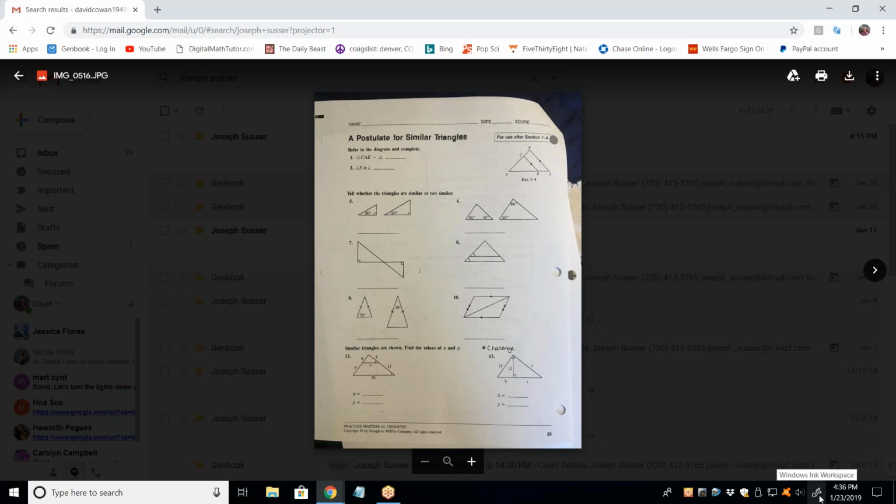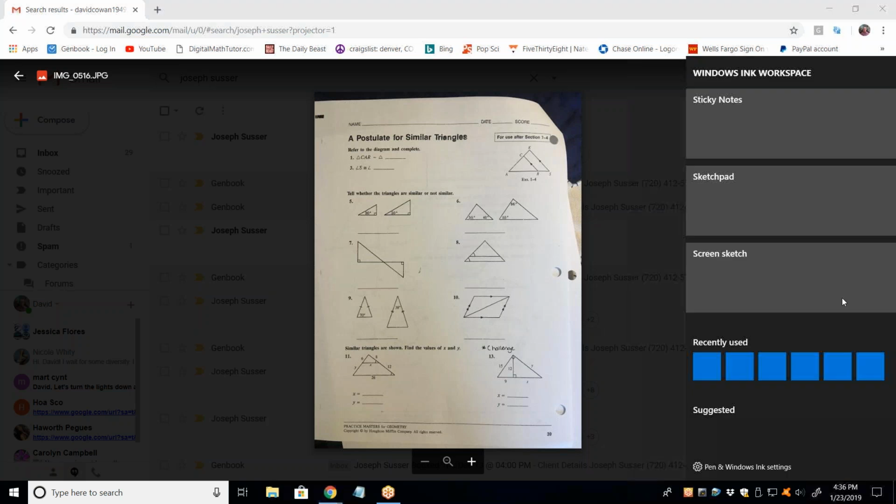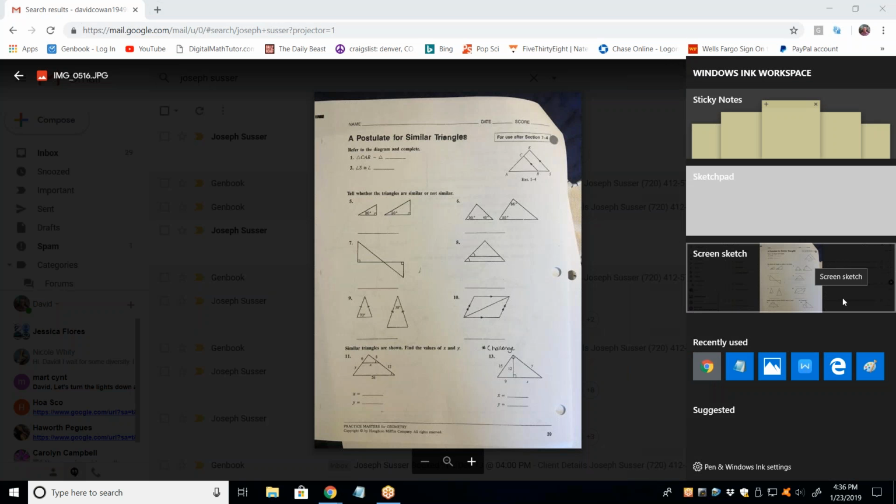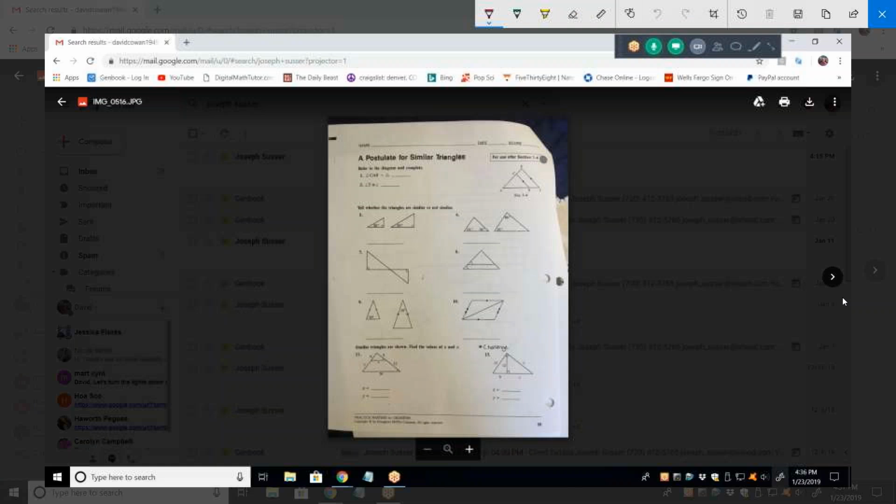Yeah. It's just a packet because we had a snow day yesterday. It's more like busy work than actual stuff. Well, I can't blow this up any bigger, but I think I can read it as long as you can read it. Yeah, I can read it off the thing if you need help. If you can't read it off of my monitor, then read it off of your paper.